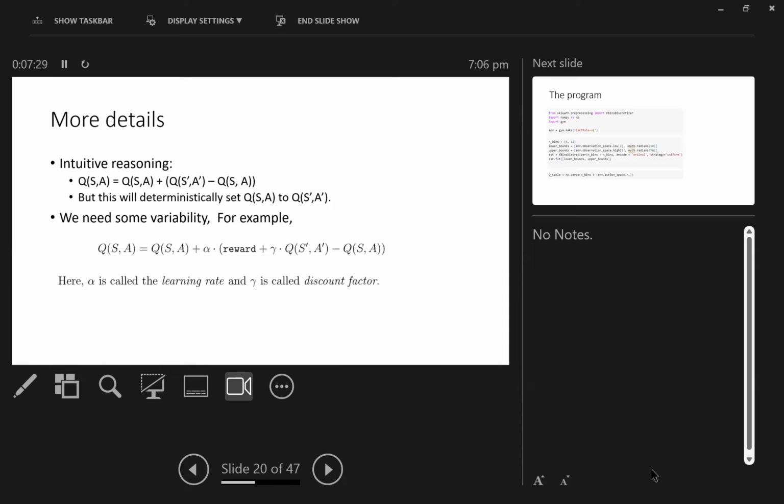But that's not enough, because the magnitude of the change is also very important. You don't want to make the change too dramatic, so that one single step messes up all the knowledge that you have accumulated at that point.